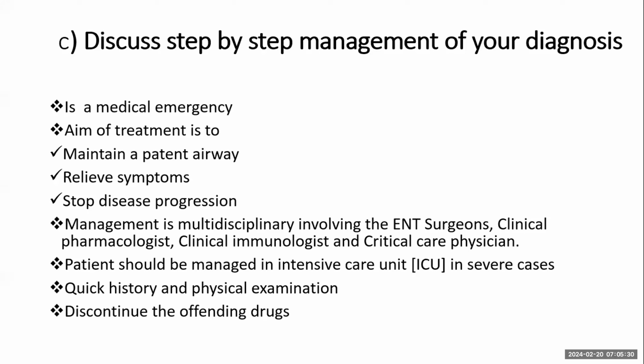The offending agent, like in our index patient, is the ACE inhibitor that I'm suspecting. Then also on examination, the swelling of the face, the tongue, the genitalia is very important to note. Then when the offending drug is found, the first thing is to discontinue the offending drug.